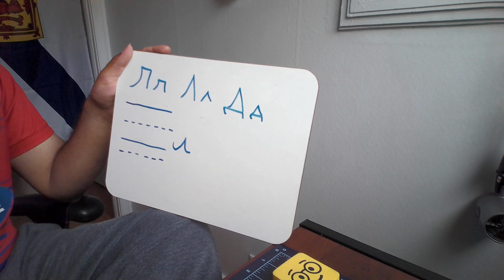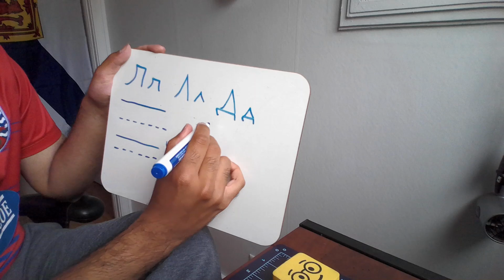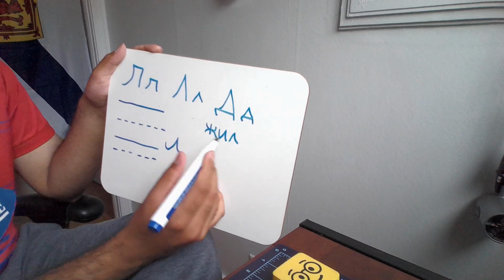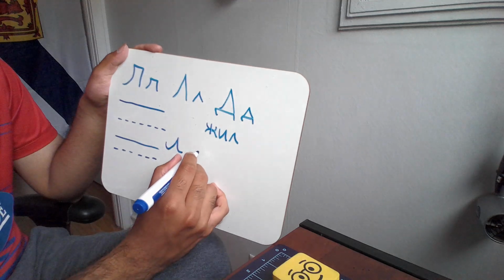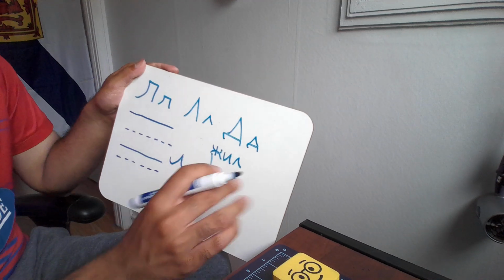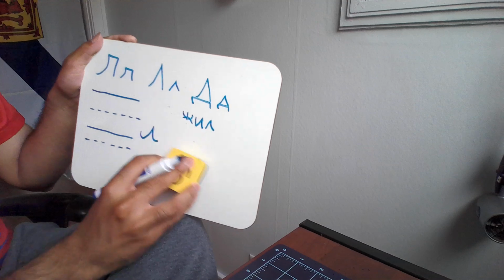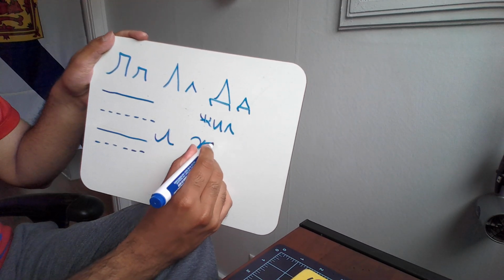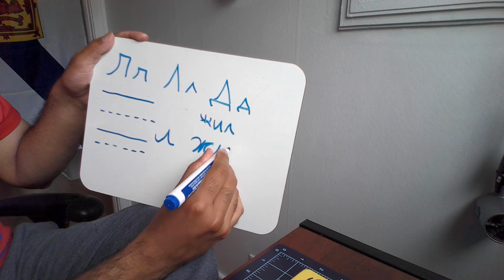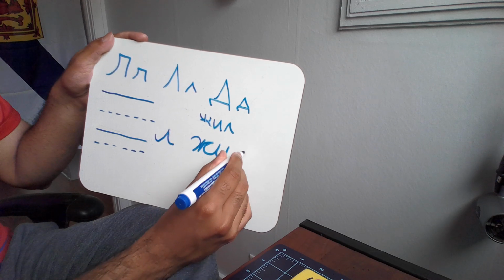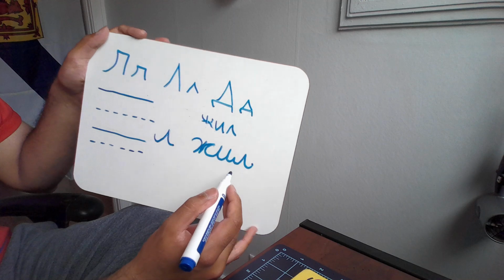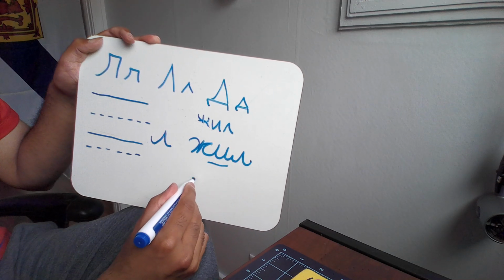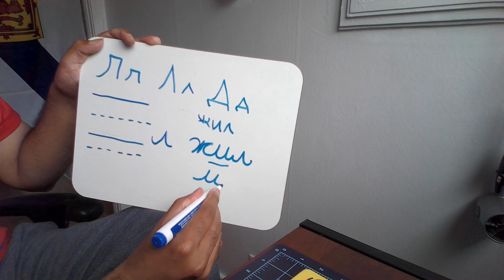So if we're writing a word like жил, so like lived in the past tense, жил, we'd write that first as je, and then we have to put this little hook before our L. So hopefully you guys can see the difference here, that this is E. It comes straight from the previous letter, and then we make our loops.